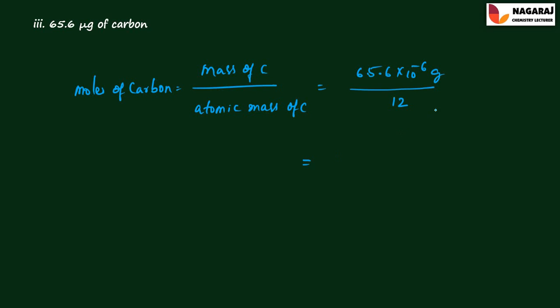So on simplification, that is 12 grams per mole, so grams to be cancelled. On simplification, it gives 5.47 into 10 to the power minus 6 moles.